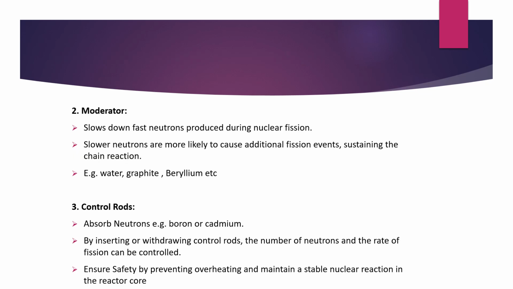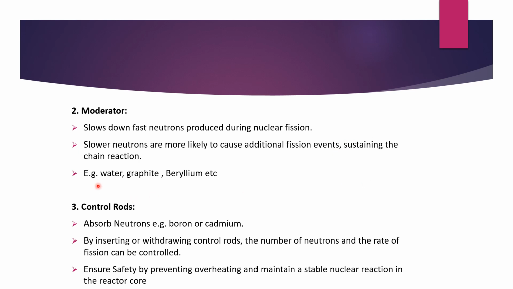Now we have fuel. What is the next component? The moderator. What is it moderating? It is moderating the fast moving neutrons. What I told you before is that when the nucleus breaks into two nuclei, it also emits neutrons. These neutrons are very high speed, so we have to slow them down, because slow neutrons are more likely to cause additional fission events.